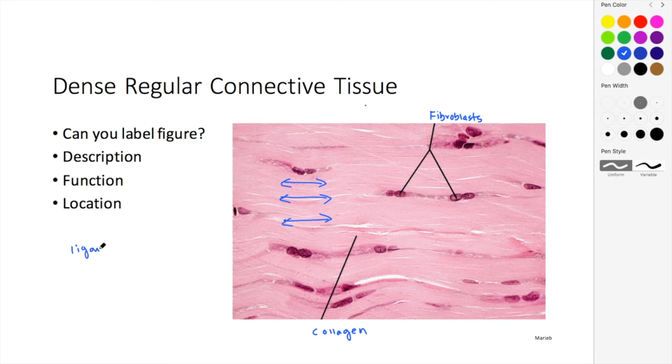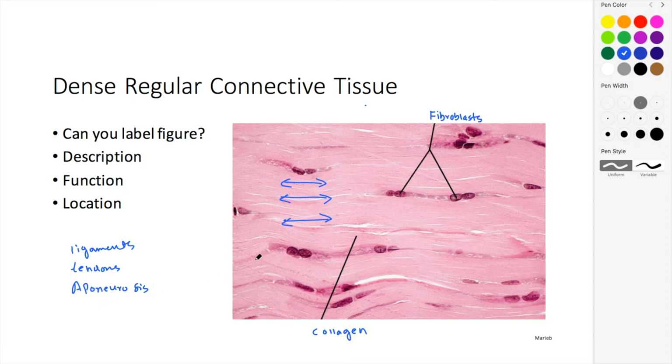Ligaments are a part of dense regular connective tissue. Another is called tendon. Okay, tendons. And another thing is called aponeurosis. And we're going to focus on aponeurosis during our skeletal system in more detail.